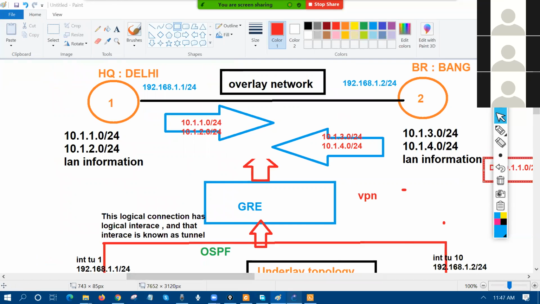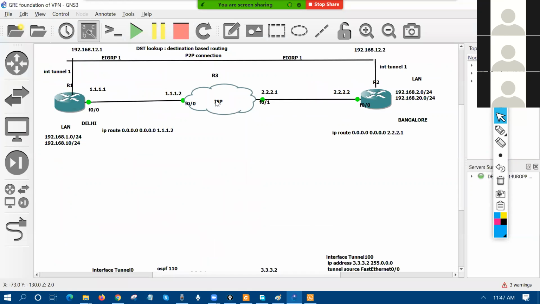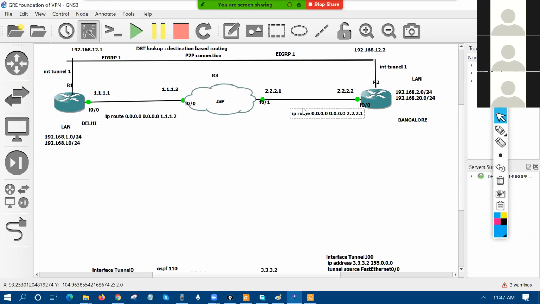So let's do this practical. If you see, this is my R1, R2, and we have the ISP. So this is my public IP address that I'm going to use over there, right? And for the reachability, I'm going to use the default route. You can use OSPF as well. It's totally up to you. Let's go for OSPF right now.